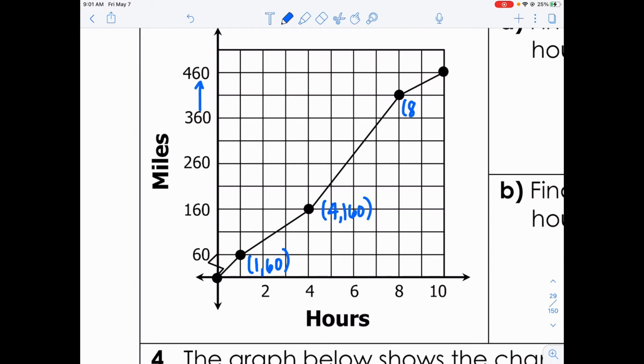From 360 to 460 is 100. So I know that half of that distance is 50. So 360 plus 50 means that that is 410. So that's 8, 410. And then my last ordered pair is at 10, 460.